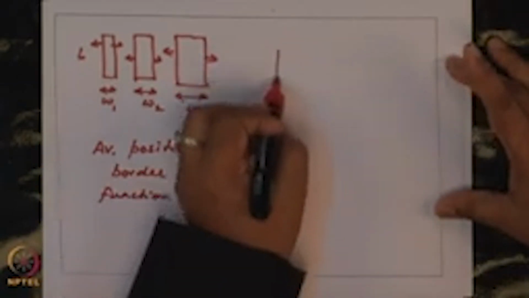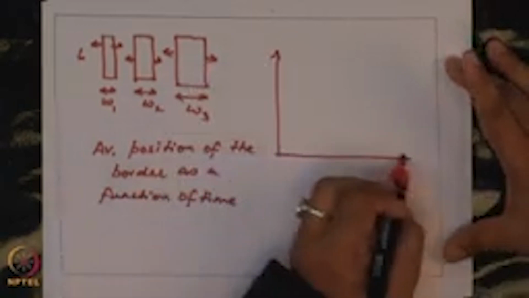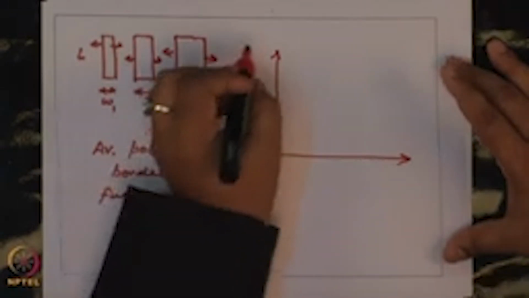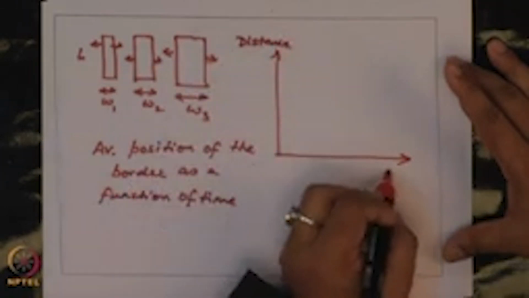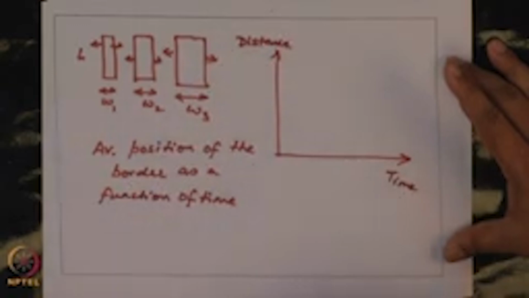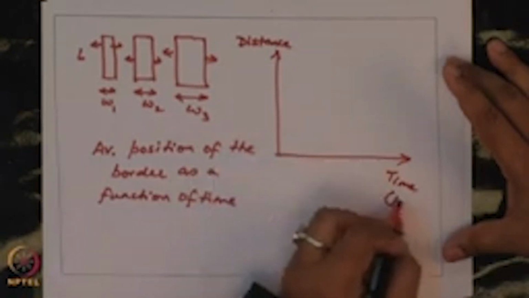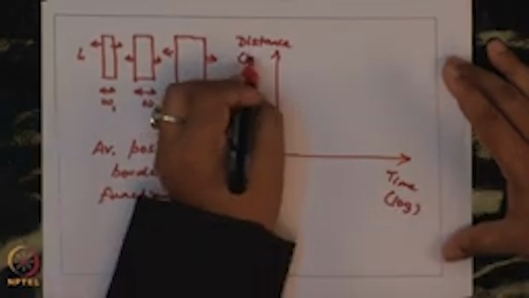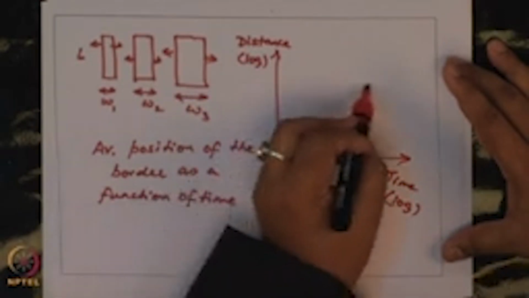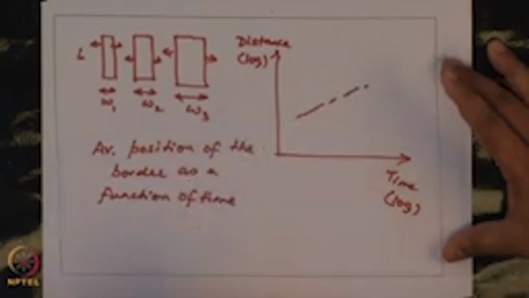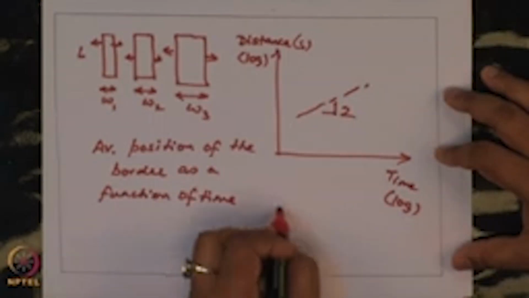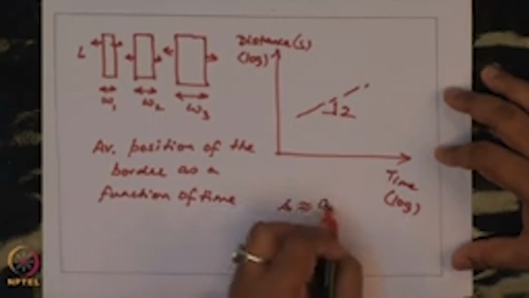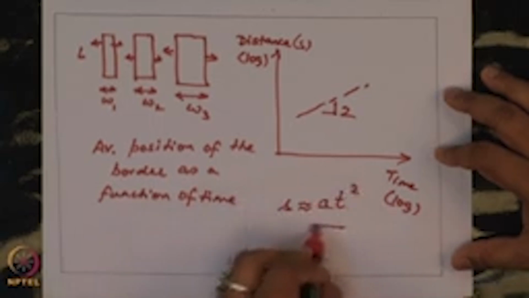So, what they found, let us say this is some distance moved, and this is time. When they plotted in log scale, they got these data which approximately had a slope of 2. Which means that the distance, let us say S, is approximated by the expression a t square.